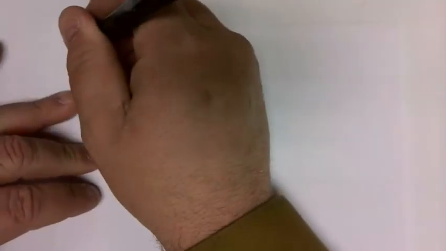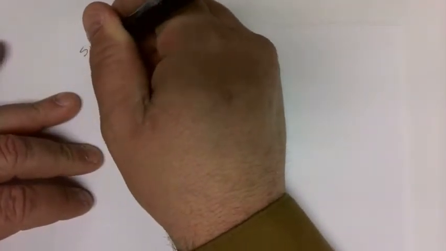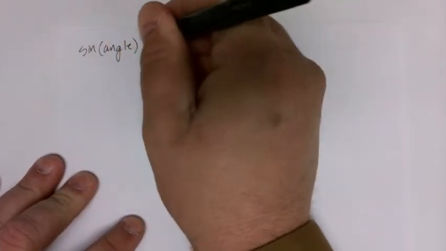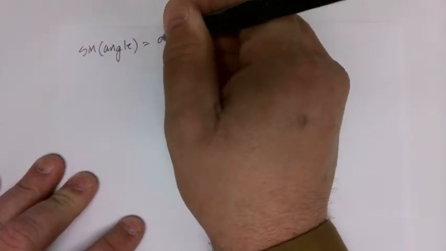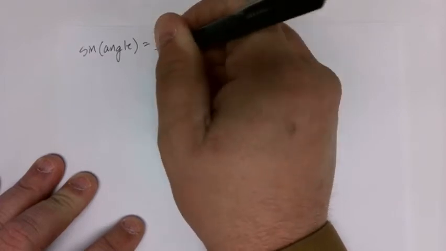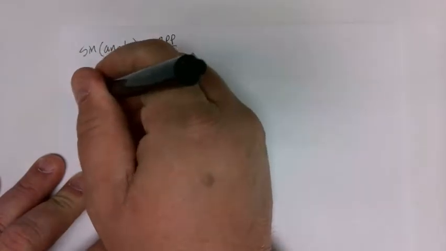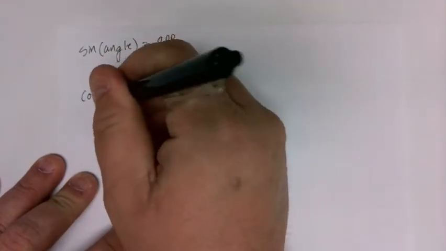Greetings, guys. Last time we talked about three trig ratios, right? We talked about the sine of an angle and how the sine of an angle is equal to the length of the opposite leg over the hypotenuse. And we talked about the cosine of an angle.